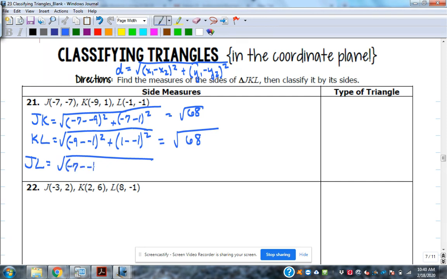-7 minus -1 squared plus -7 minus -1 squared. That's going to be 36 plus 36, square root of 72. So it's just isosceles.